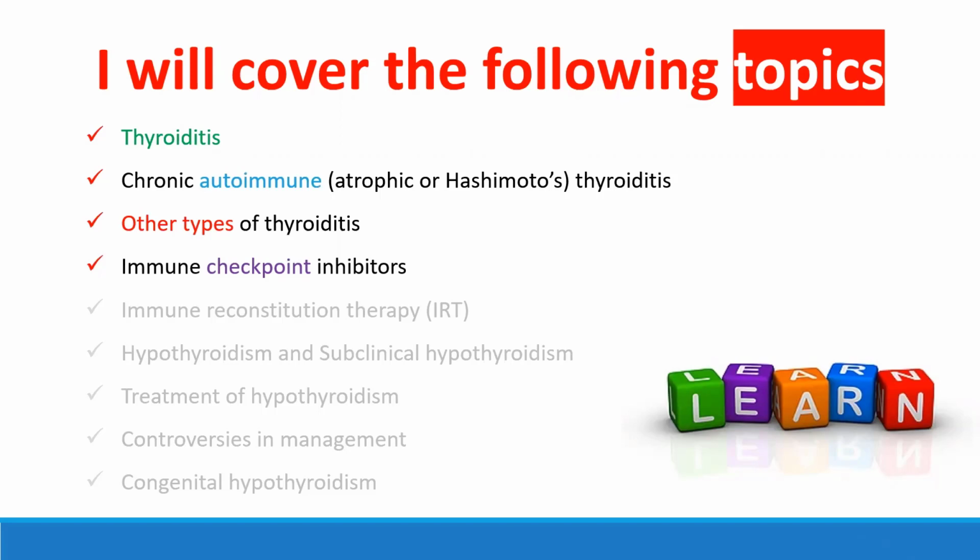Since 2018, each year has a question about immune checkpoint inhibitors. So this is a very recent topic, and each exam you will face a question about immune checkpoint inhibitor. And another very important topic, which is immune reconstitution therapy.